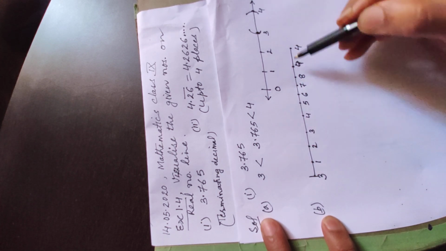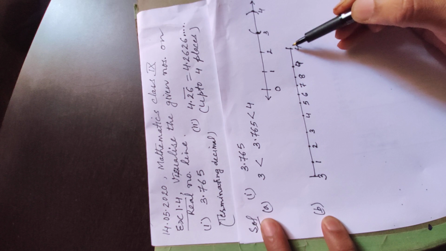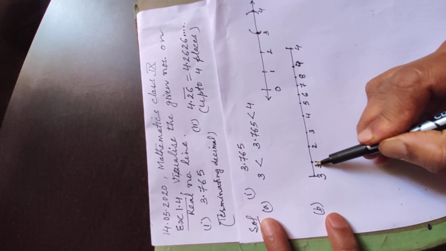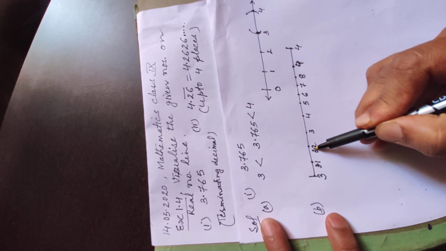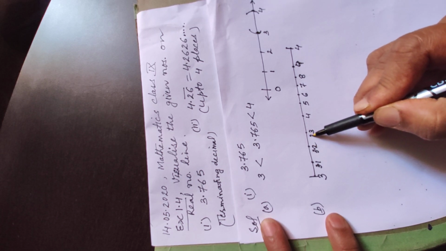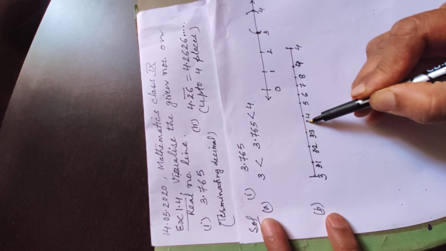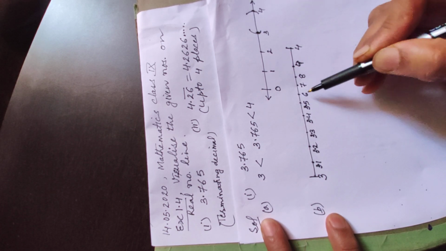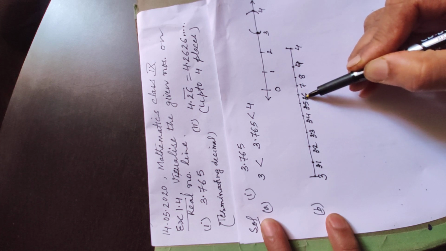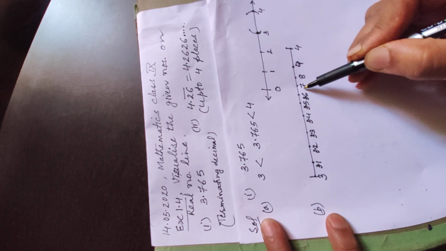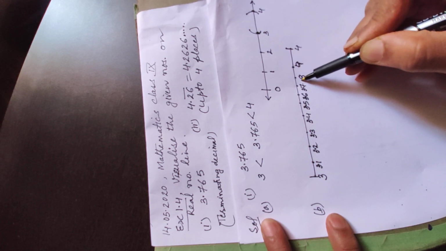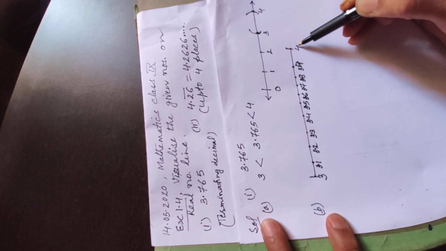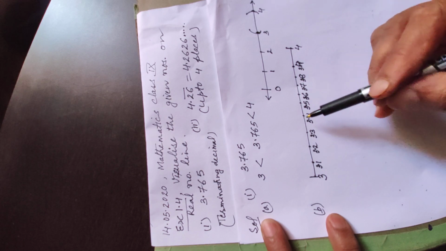So here is your initial block 3 and 4, and the first number is 3.1, second division is 3.2, third division 3.3, fourth division 3.4, fifth division 3.5, sixth division 3.6, 3.7, 3.8, 3.9, and then the number 4.